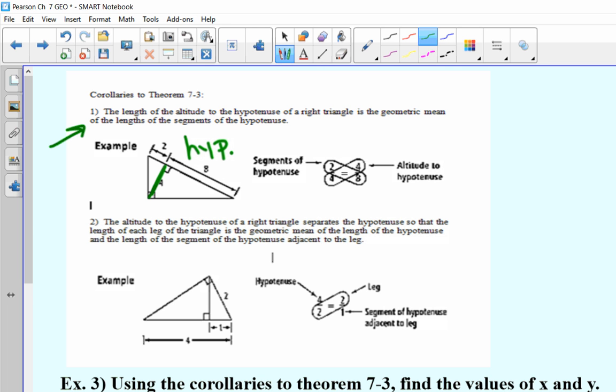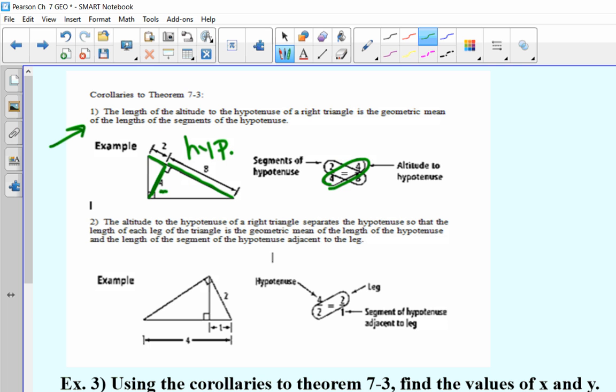They gave you the altitude, a length of 4. It's the geometric mean of the two segments of the hypotenuse. When we drew this altitude in, we created two separate segments that make up the hypotenuse. So that altitude is the geometric mean, that's the 4. Remember, we had x's in the same spot in our little example earlier.